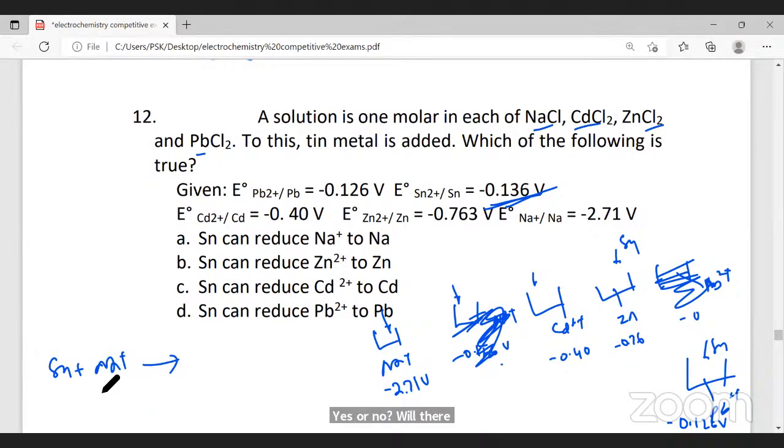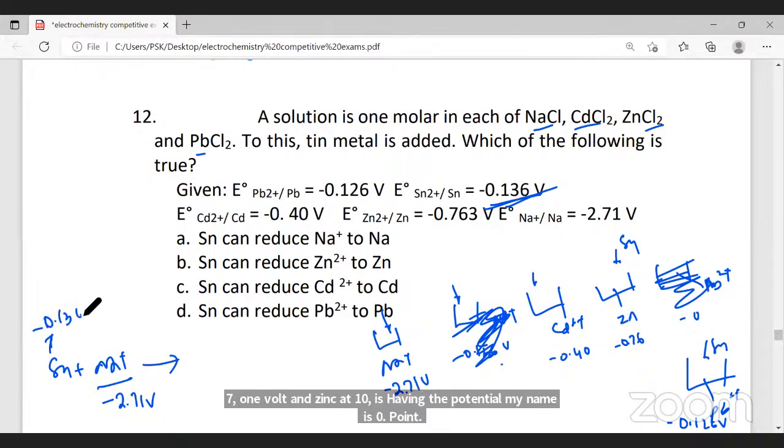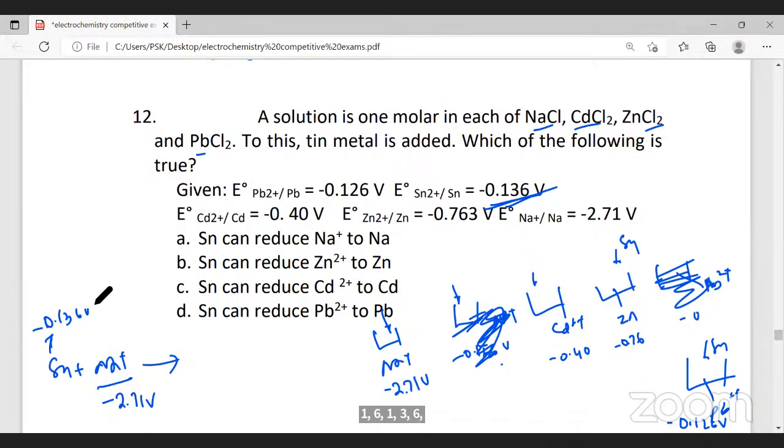Now you see sodium is having the negative potential minus 2.71 volt, and tin is having a potential minus 0.136 volt. Now which is a strong reducing agent here? Larger the negative potential, the stronger the reducing agent. Sodium is a stronger reducing agent compared to tin.